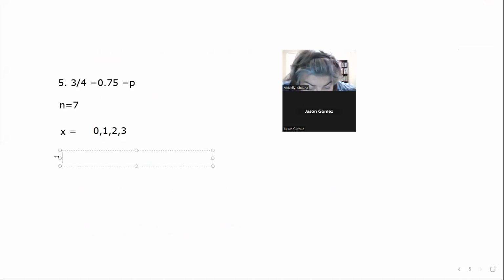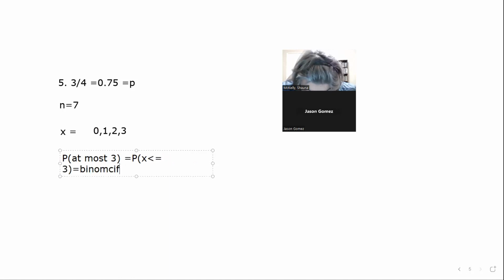So what we would write is the probability of at most 3 would equal the probability of X less than or equal to 3. 3 is the most, and we go down. Remember, we're starting from 0 here, so that's a good sign. We're going to use binomial. There's no 1 minus in this case because we're starting from 0.